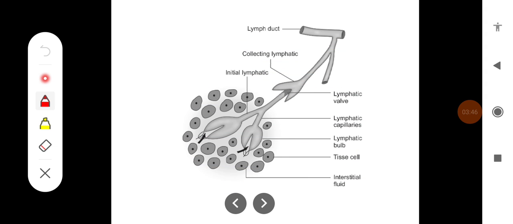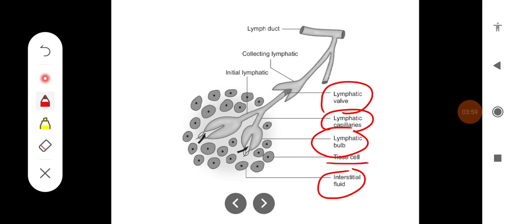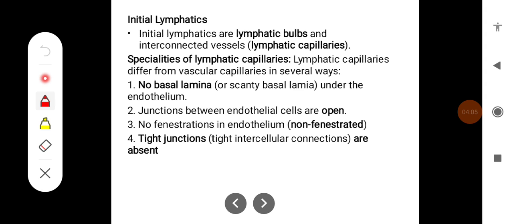So this is the diagram of the lymph bulb, showing the interstitial fluid, tissue cell, the lymphatic bulb, the lymphatic capillaries and the lymphatic wall, which ultimately drains into the lymphatic ducts. Initial lymphatics are called lymphatic bulbs and interconnected vessels.